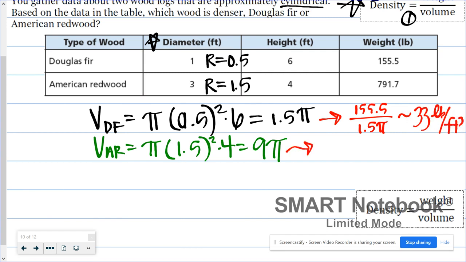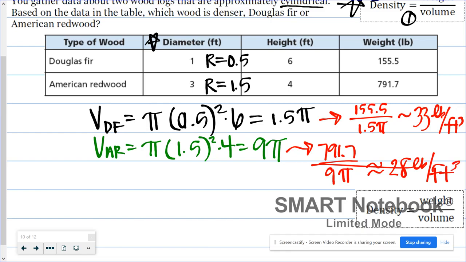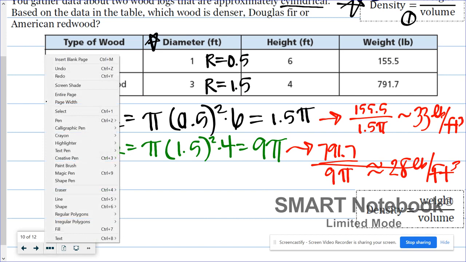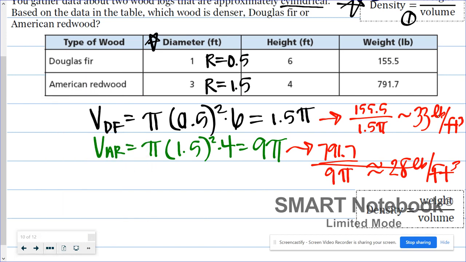Do the same thing for the American redwood: take the weight, divide that by the volume, and I get approximately 28 pounds per cubic foot. So clearly the Douglas fir is the more dense, because 33 pounds per cubic foot compared to 28 pounds. So the Douglas fir is more dense.